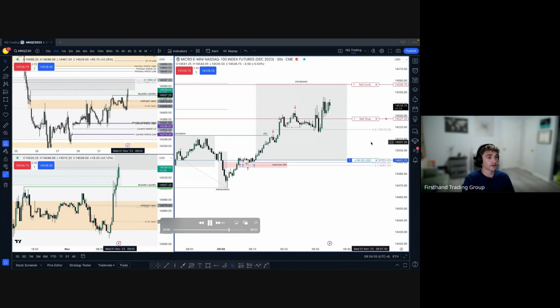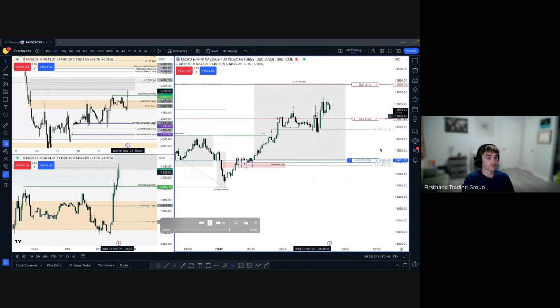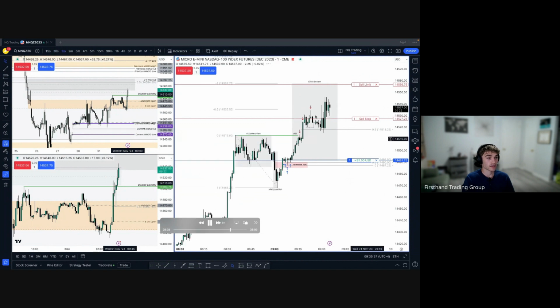Now I'm using the breaker again, low, high, lower low, and trailing my stop to just below. I also have these down close candles treated as an order block.